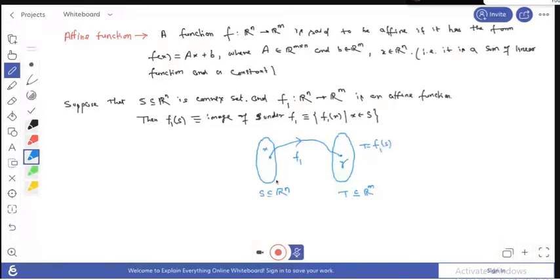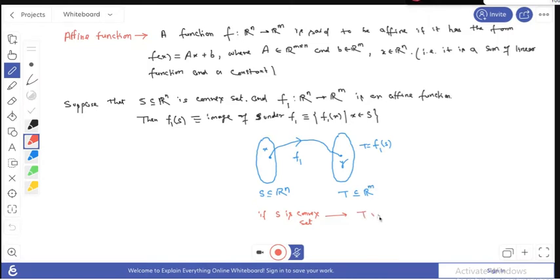Given that this set S is a convex set, this implies that the image of this set under the affine transformation, T, is also convex.